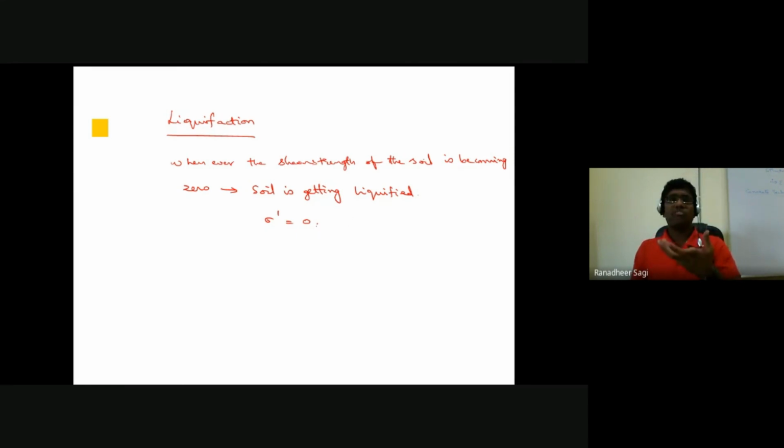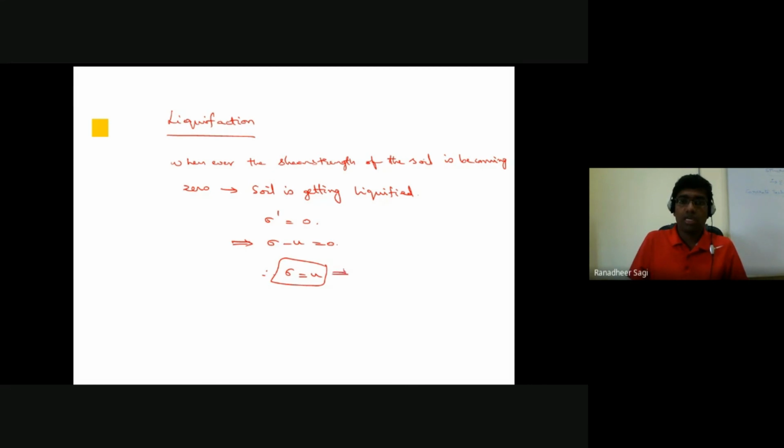When do we say the effective stress developed in that particular soil is becoming 0? Whenever the pore water pressure developed in the soil is equal to the total stress developed in the soil. So this implies sigma minus u is equal to 0, therefore sigma is equal to u.